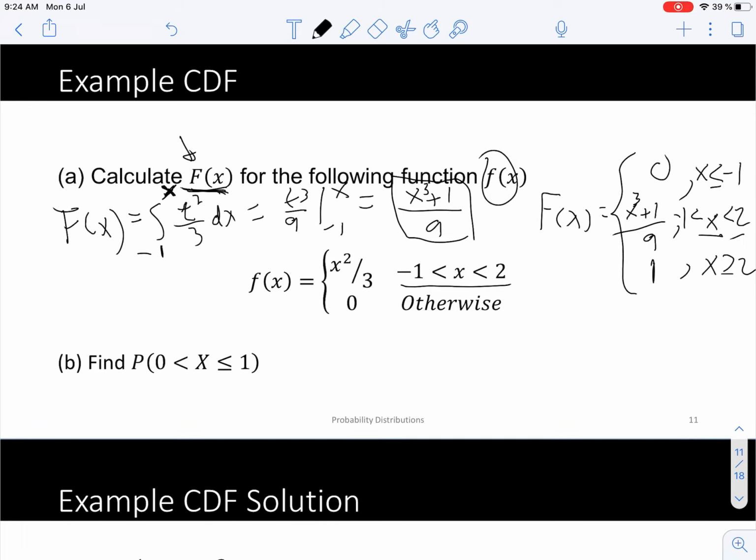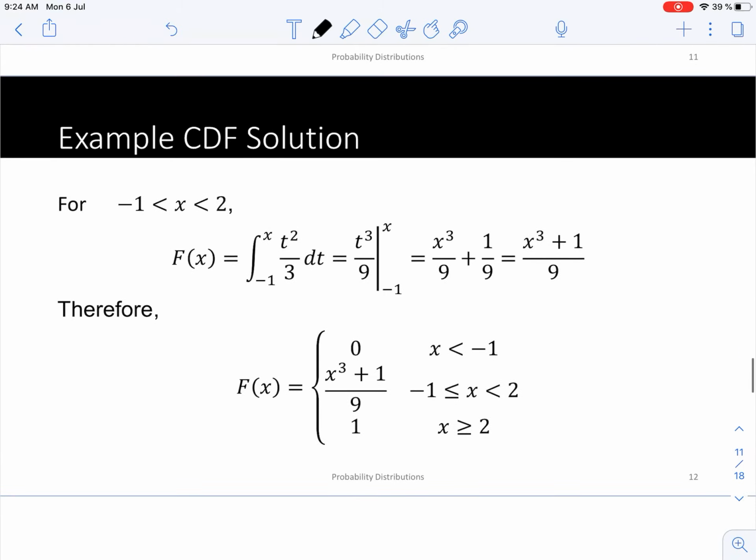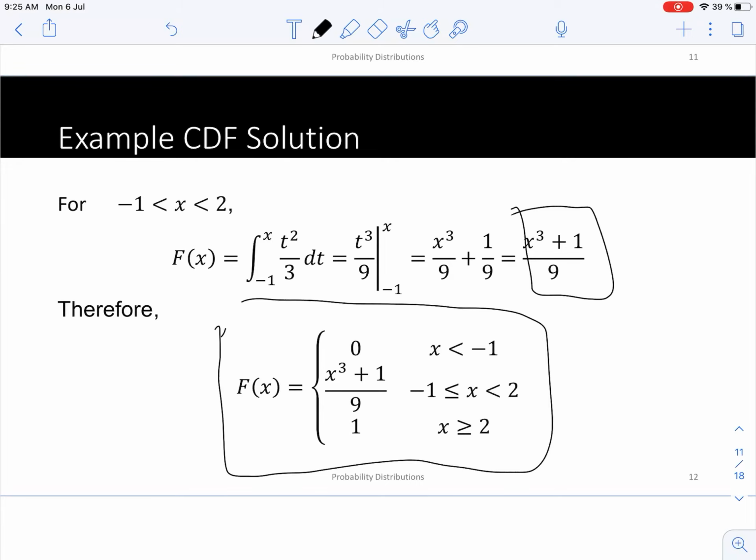Remember, this is a non-decreasing function. So here we have all the work. Remember, this is the CDF, and this is how you write it. You need to define all the range, all the intervals from minus infinity up to infinity.